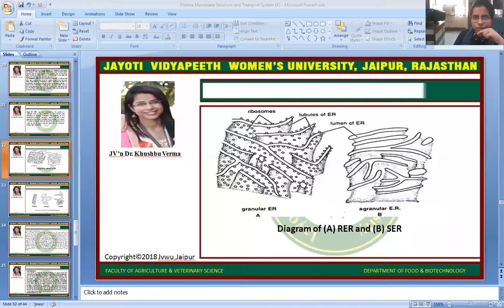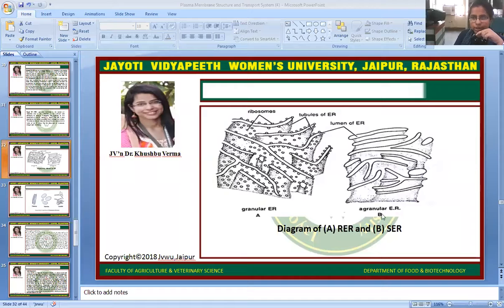So as we have discussed the rough endoplasmic reticulum and smooth endoplasmic reticulum structure, here we can see these two diagrams. First, related to the RER, you can see that this ER has ribosomes on it, and these are the tubules of the ER.